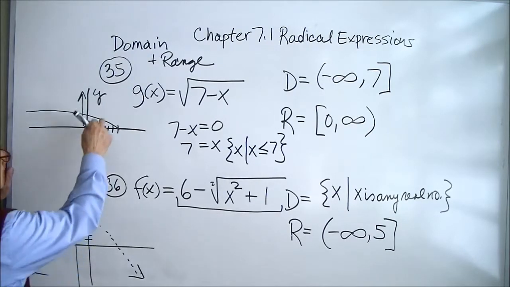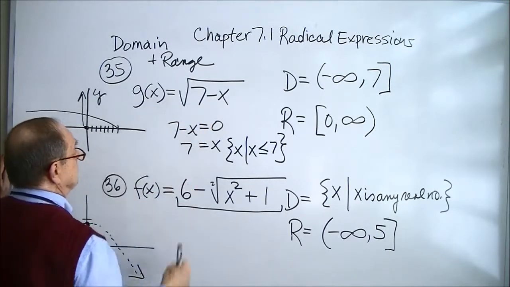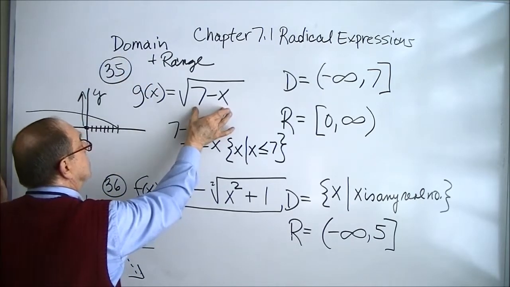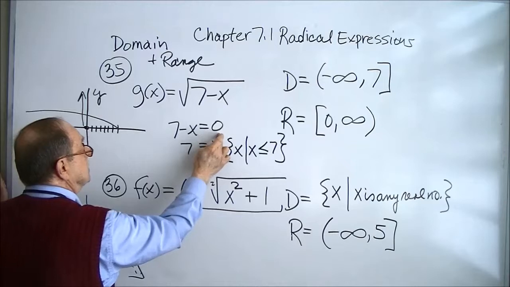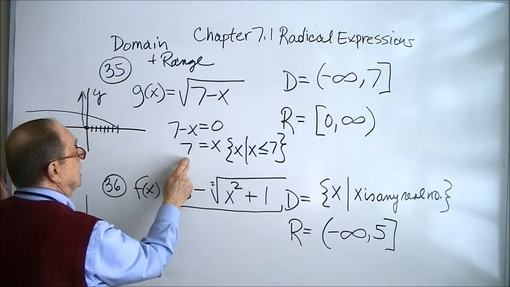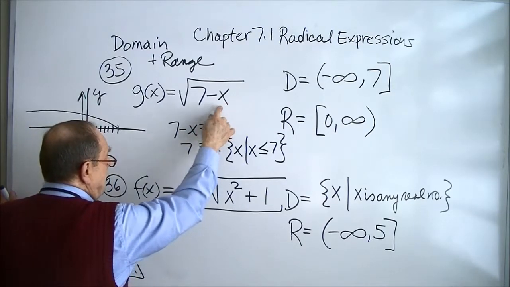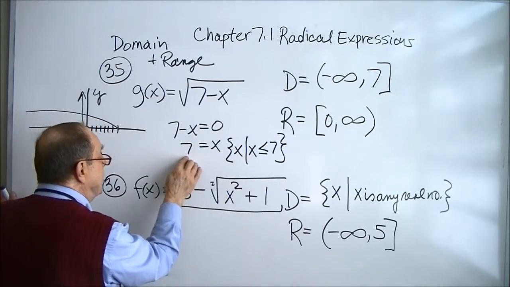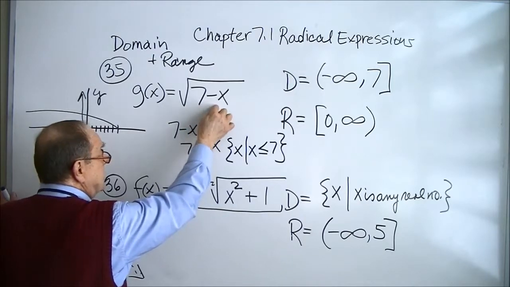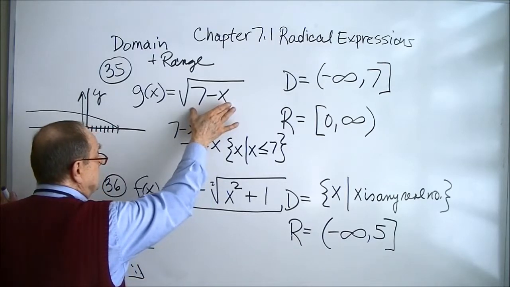So we have here at number 35 that the function g is such that it's this. So again, to find the domain, we just set what is under the radical sign equal to 0, and we get x is equal to 7. But keep in mind that since x is negative, any positive value larger than 7 will make this negative under the radical sign.